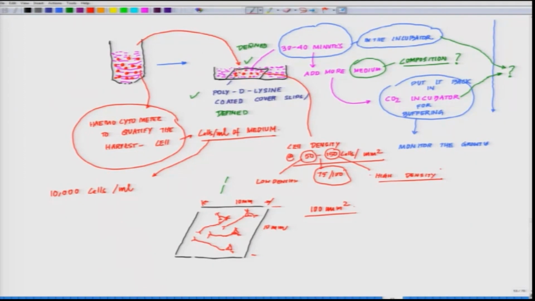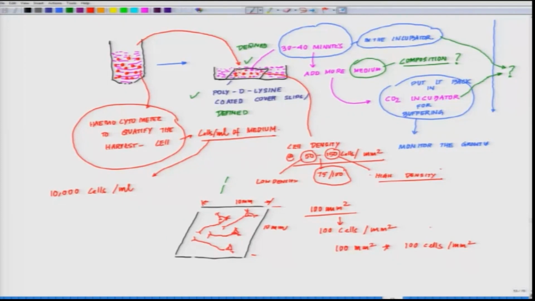If I want a density of 100 cells per millimeter square, then I will need 100 millimeter square multiplied by 100 cells per millimeter square.